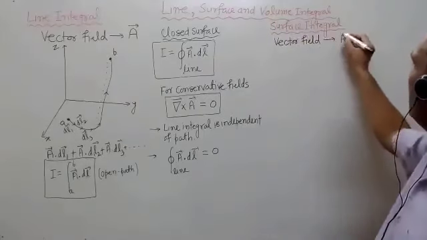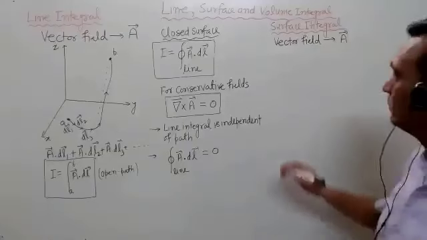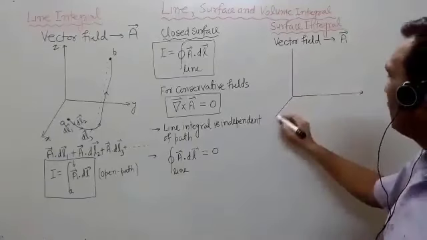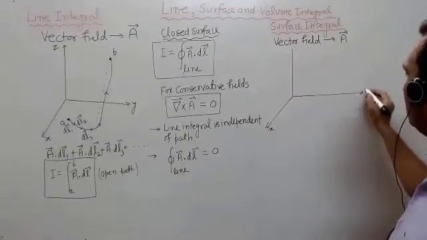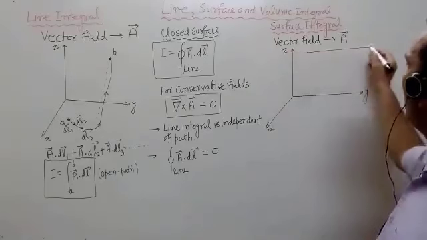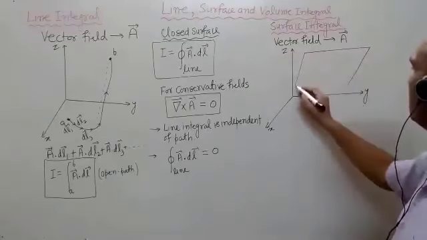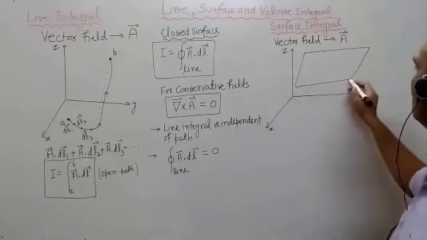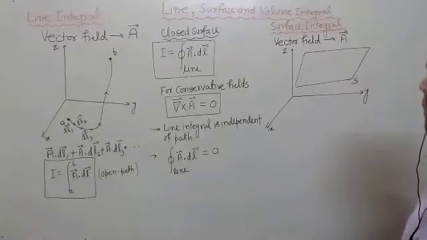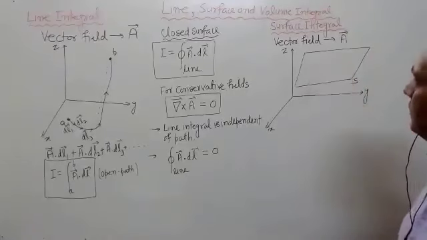This vector field is A. So that is given, and a particular surface will be specified. Whenever you have to find surface integral, a particular surface will be given. Let's say this surface is given, and we have to find that surface.